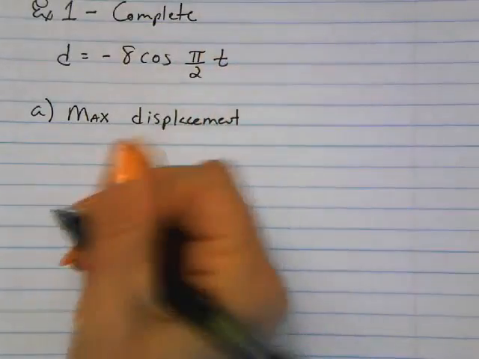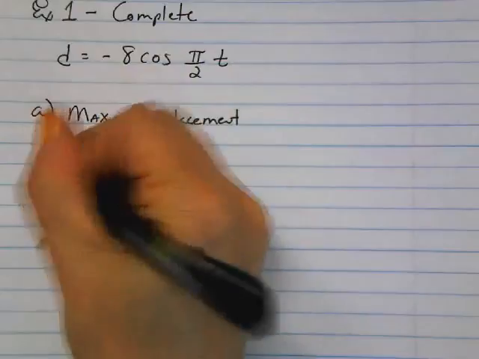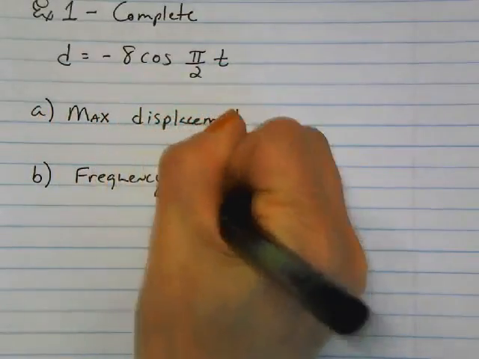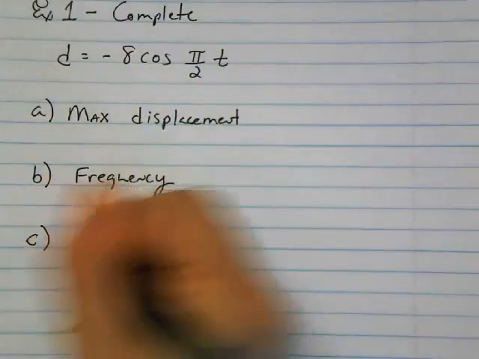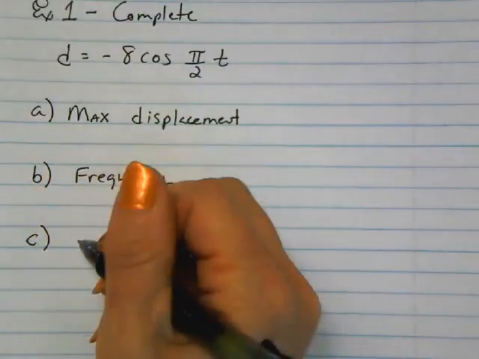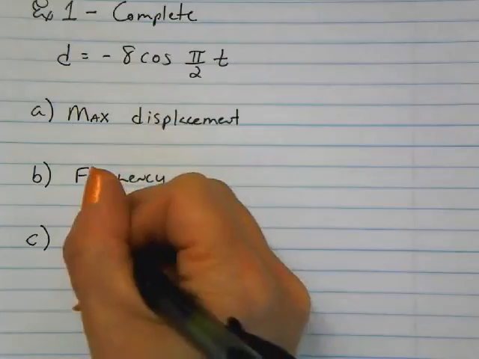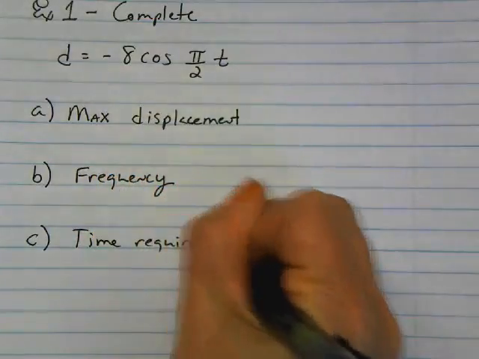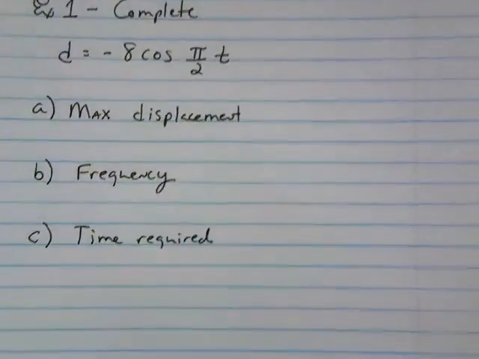Then I would like you to give me the frequency. And finally, I would like you to give me the time required to complete a cycle. Okay?